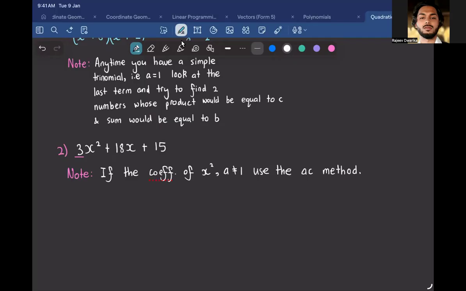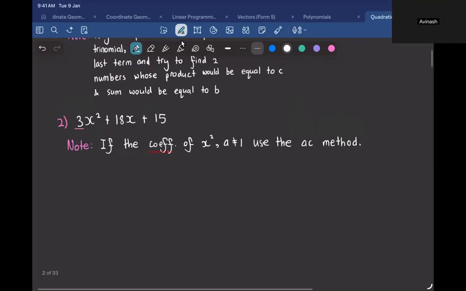Avinash, do you remember the AC method? I'm trying to remember the formula for it, sir. It didn't really have a formula, it was like a process. So let me run through this.